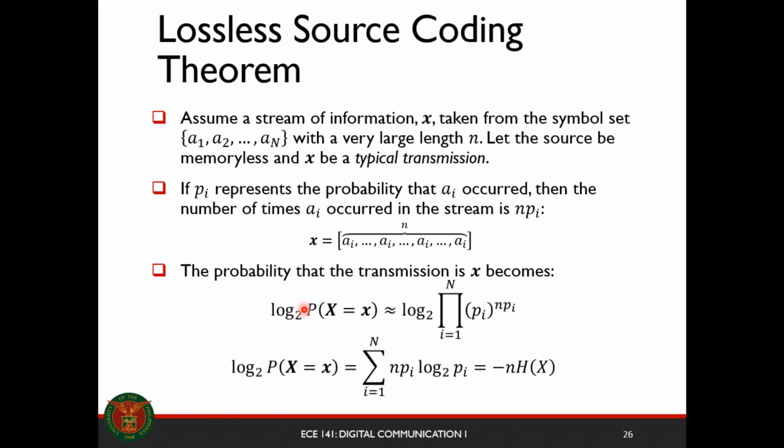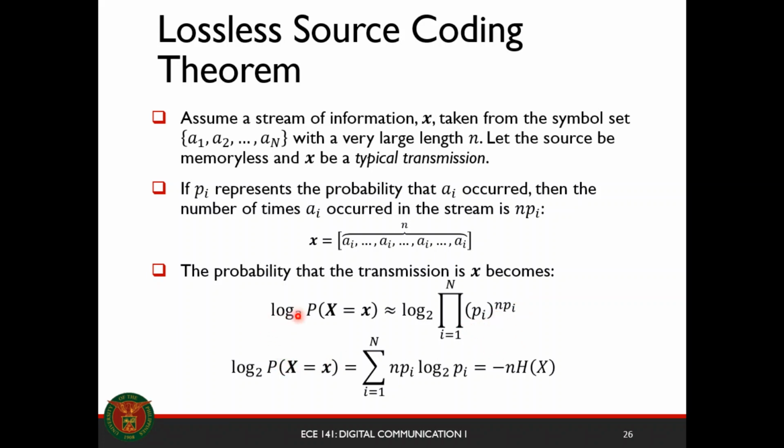So the probability that the transmission is the vector x becomes this. Basically, the probability of that happening is the product over all symbols of the probability p sub i raised to the number of times it occurred, so p sub i raised to n p sub i.